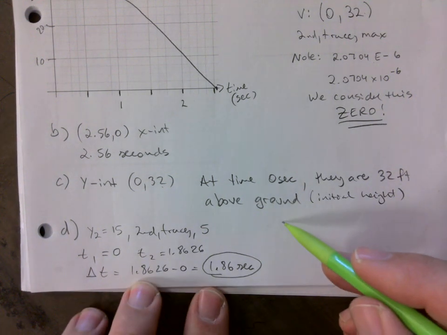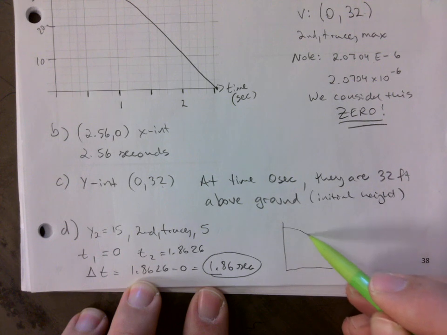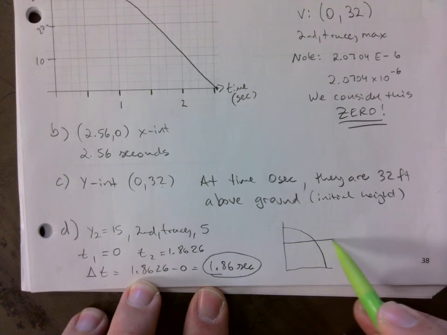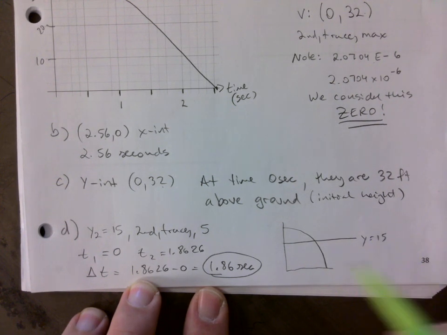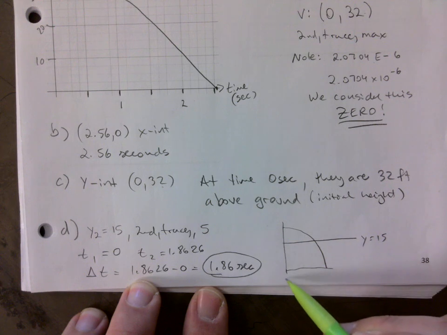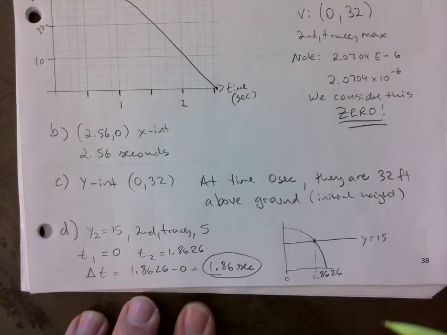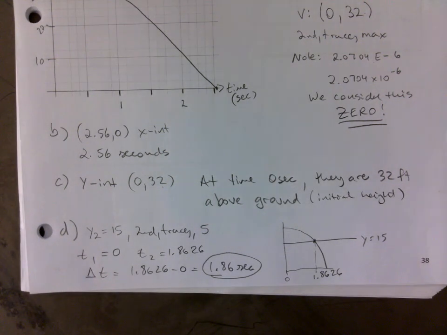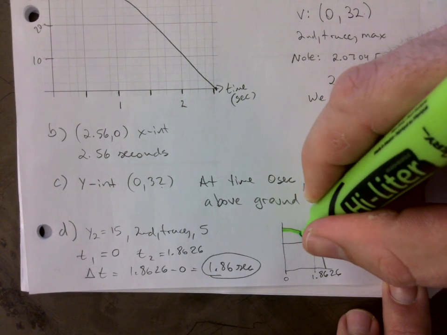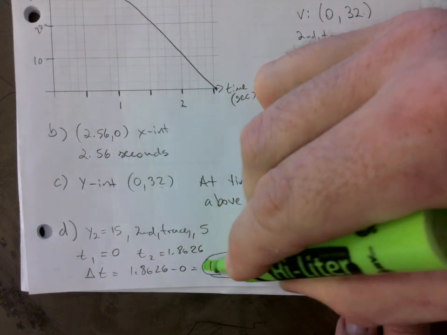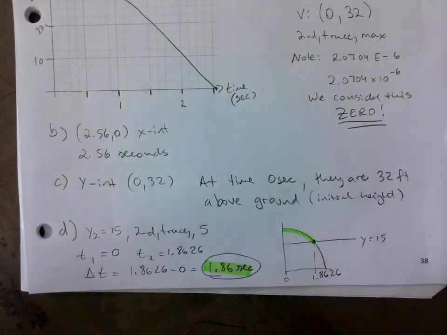So our action kind of starts, okay? This is the 15 line. So this is time 0, and then it happens again at 1.8626 if you want to add this to your notes. Okay? We only care about this stretch here, and that is given to us by that time that we just found.